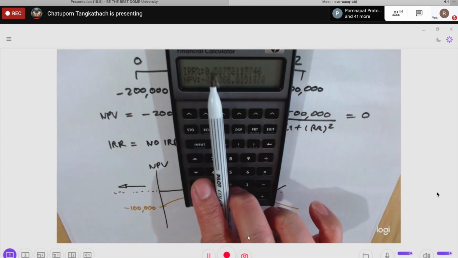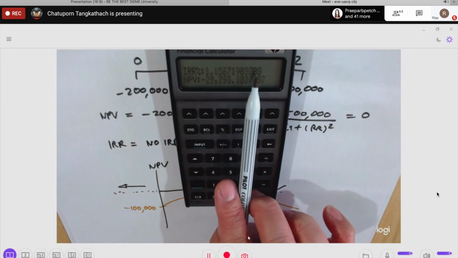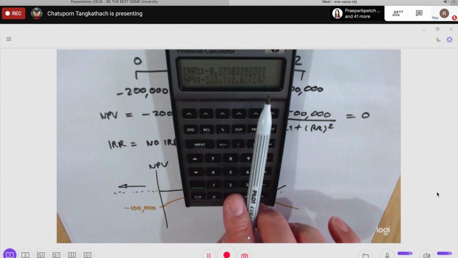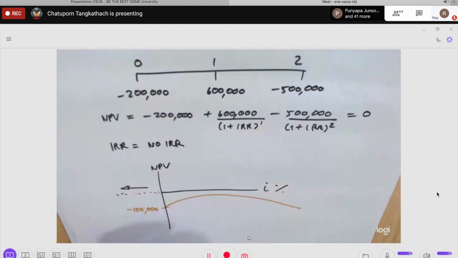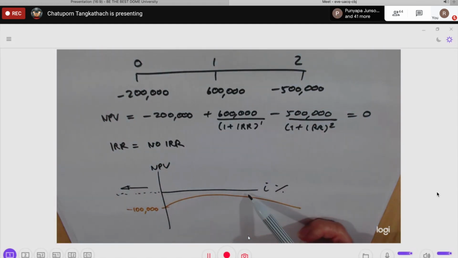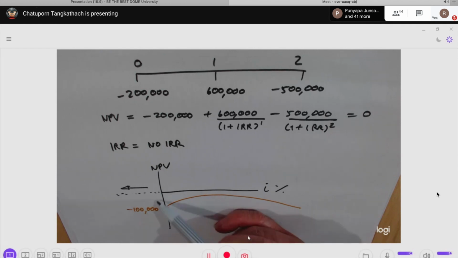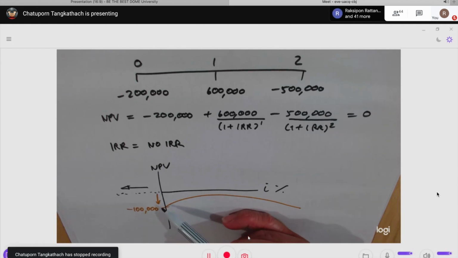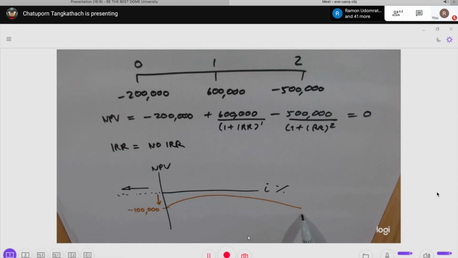So in other words, whatever required return you use, your answers are always negative. For whatever rate you use, your answer is still negative, or below the x-axis. That's why I know that my NPV profile must be below the x-axis.